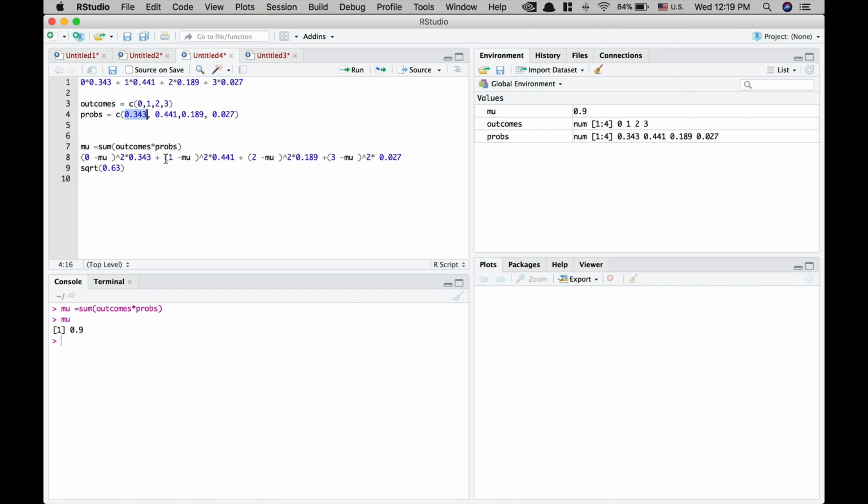Similarly for the second one, the second possible outcome is 1 and the mean is still mu. They are all mu here. So square the difference and multiply it by the corresponding probability, which is 0.441. You do the same thing for all the 4 cases and then sum them up. In this case, you get 0.63.